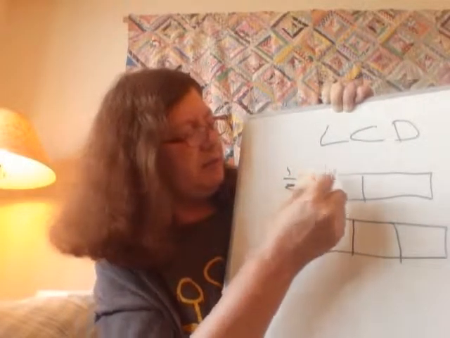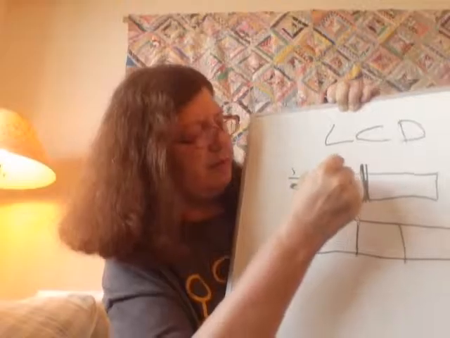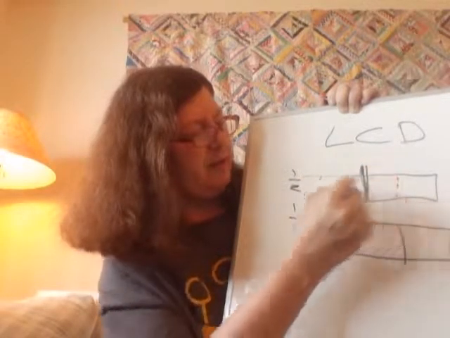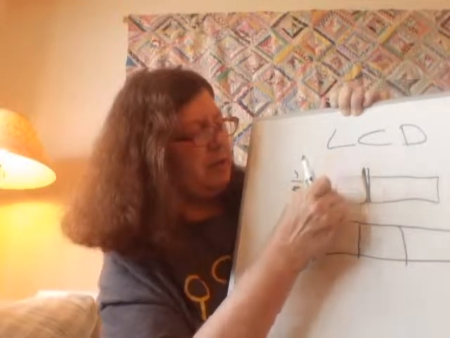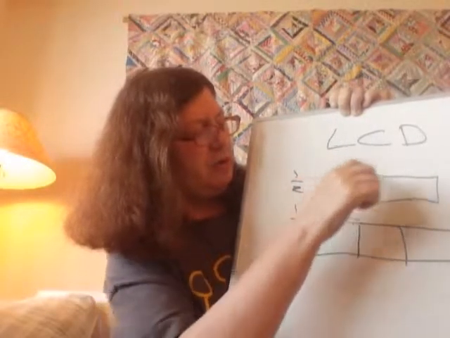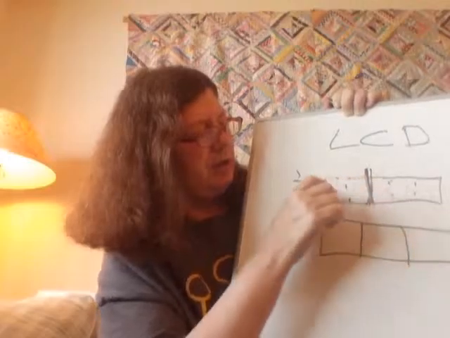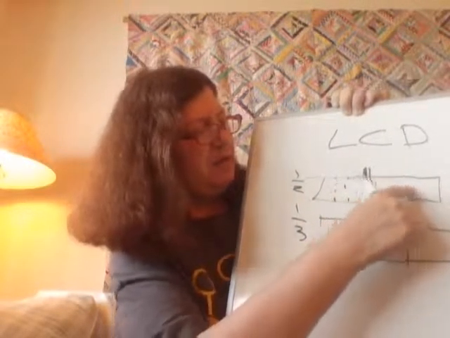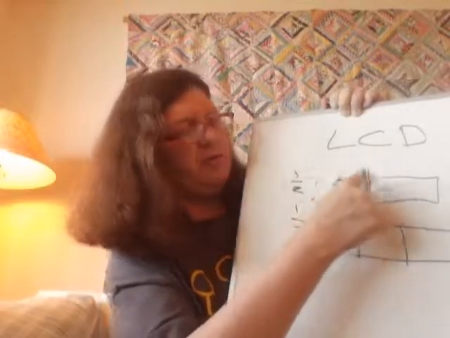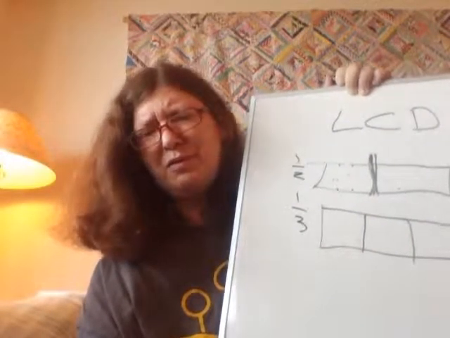Well, let's see. If I break this in half and I break this in half, that gets me 1, 2, 3, 4. If I break this in thirds, that gives me 1, 2, 3, 4, 5, 6. If I break this in fourths, that'll be 8. So we skip over 7.